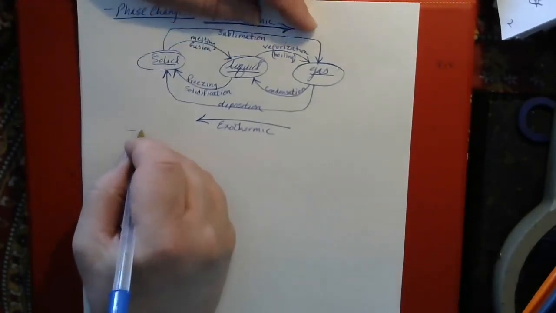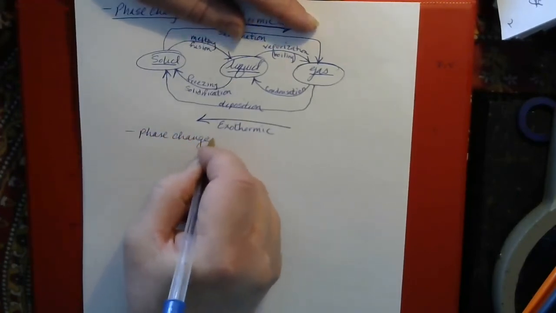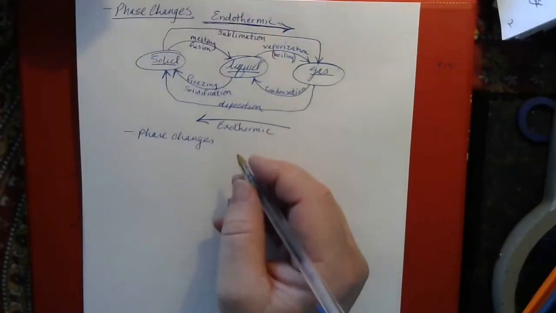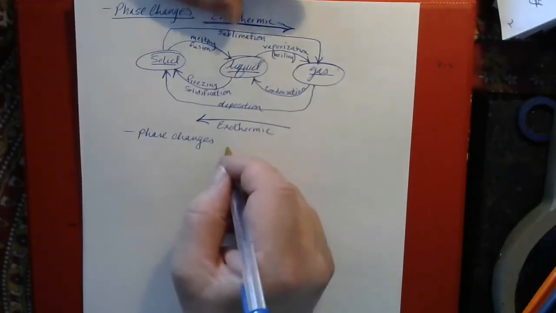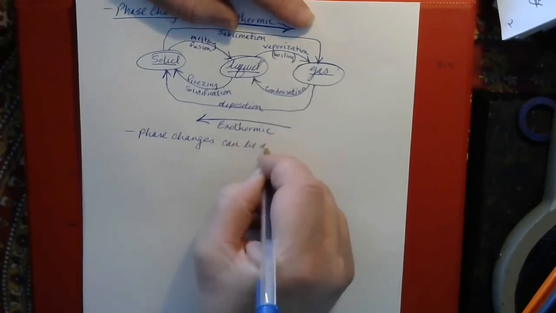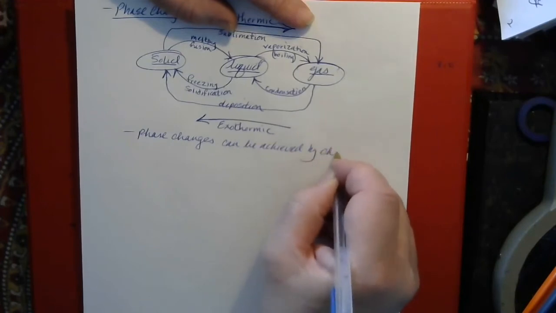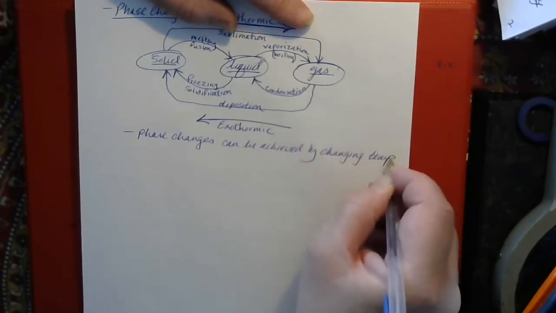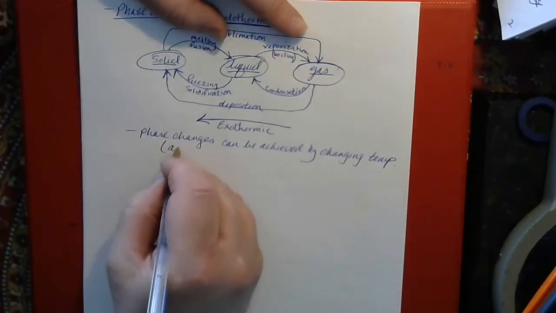These phase changes will be discussed in more detail later in the chapter. And phase changes can be accomplished by changing the temperature, that is, by adding or removing heat.